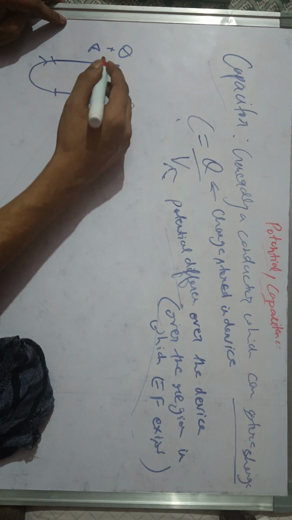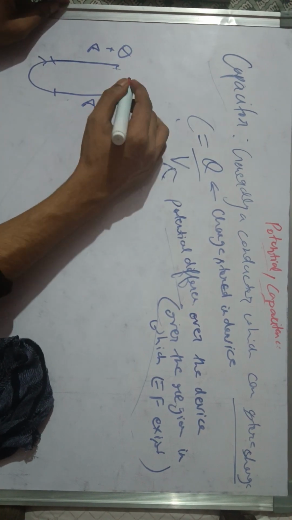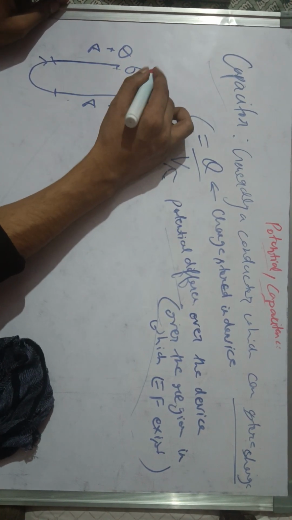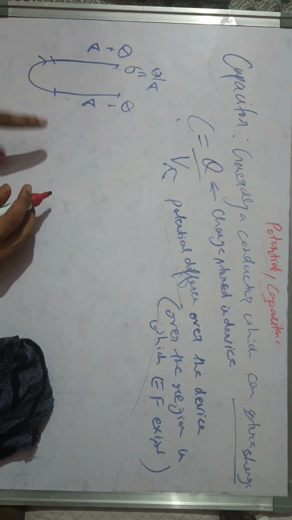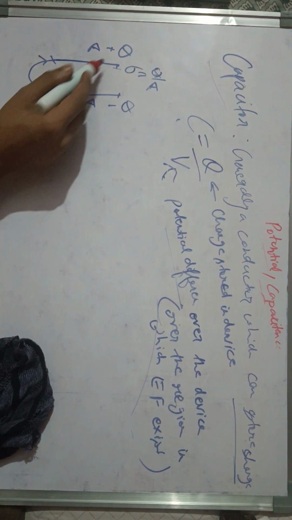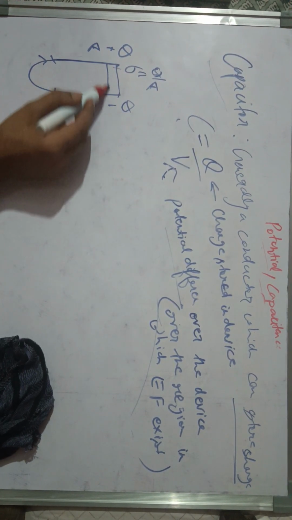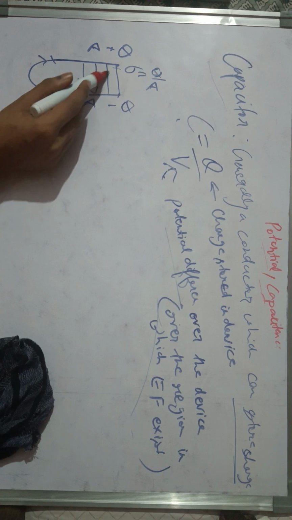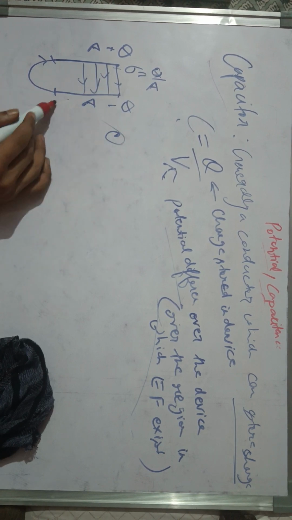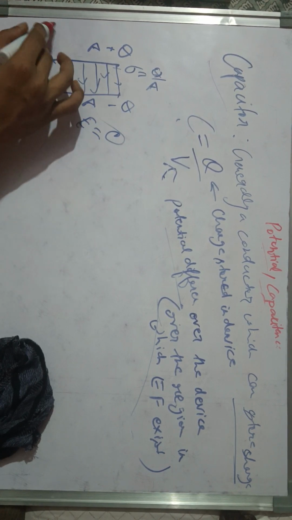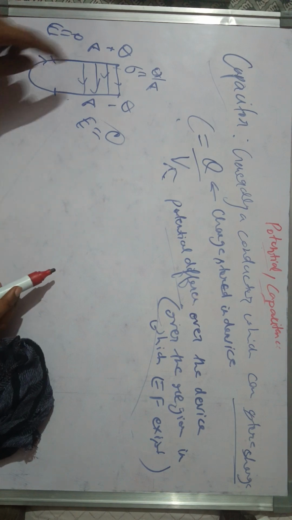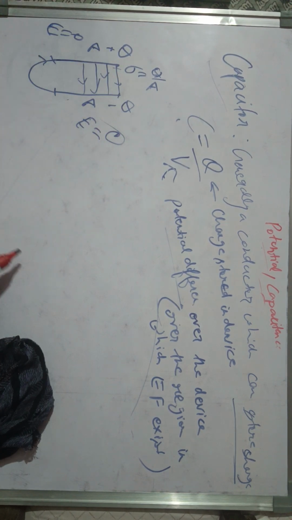And this area is A. If this is a very large plate, then sigma will become q by A. In this case, the electric field will start emanating from this point to this point. Electric field in this region would be equal to 0, and in this region also 0. Electric field will only be present in this region.